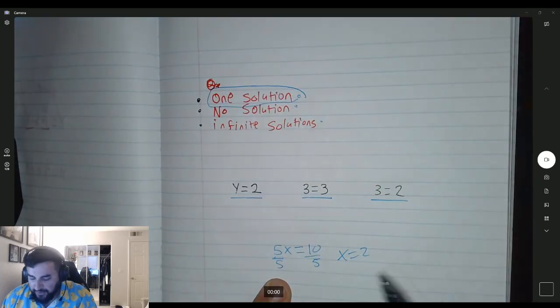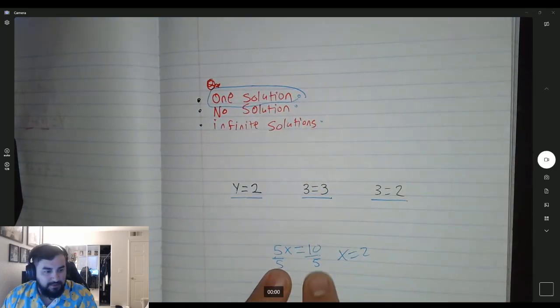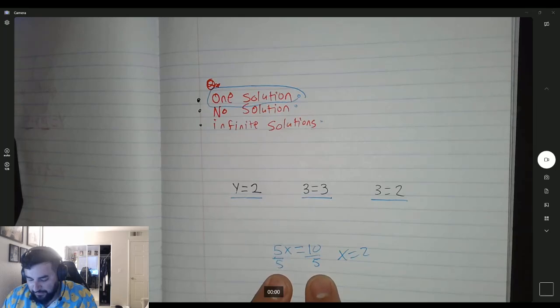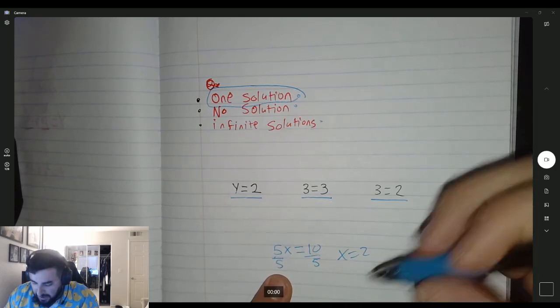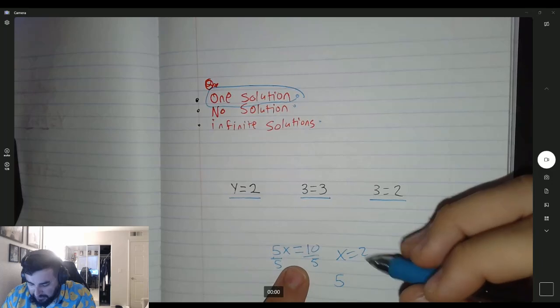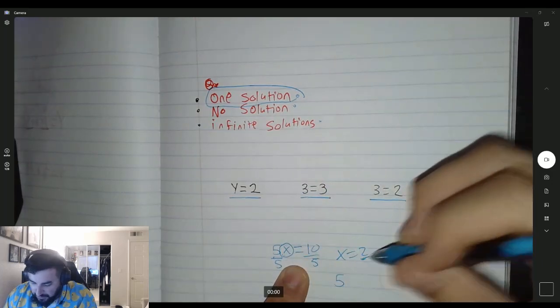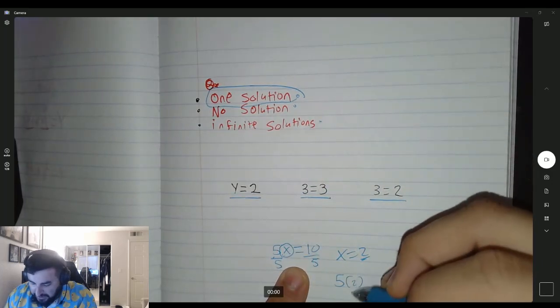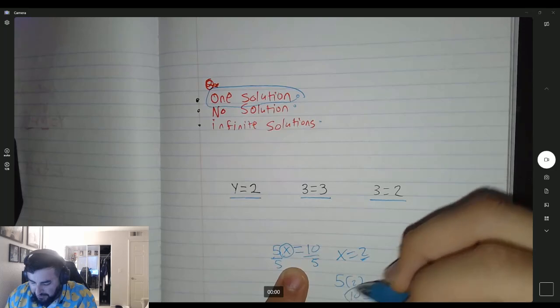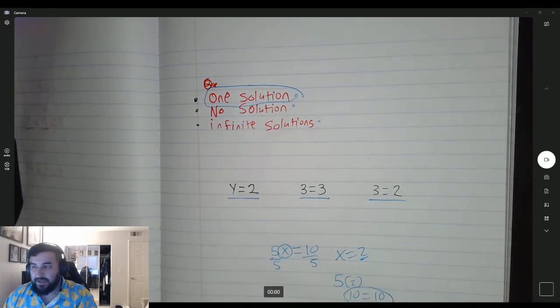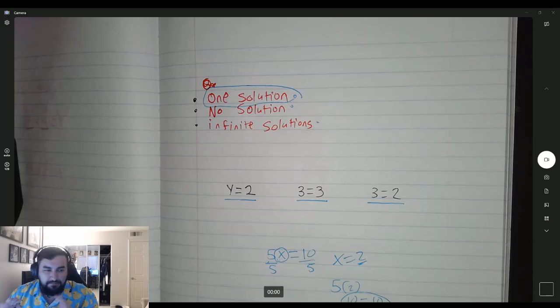Because you figured out the only way to get both sides to be the same number is if x is 2. Because if you substitute the letter x with the number 2, you get 10 equals 10 on both sides, right? So that was your one solution. That is the only number that makes both sides the same.